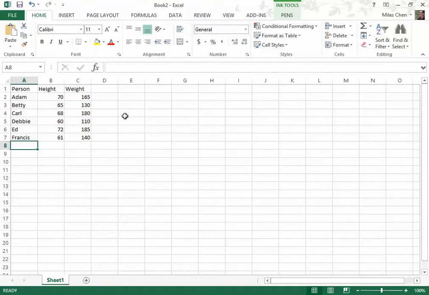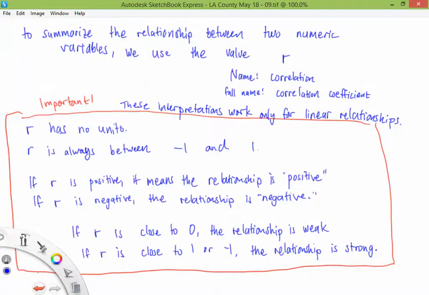We are going to make a scatter plot. Are you guys familiar with a scatter plot? Okay. So a scatter plot, you have an x and y axis, and then whatever points you have, you graph coordinate pairs, right?